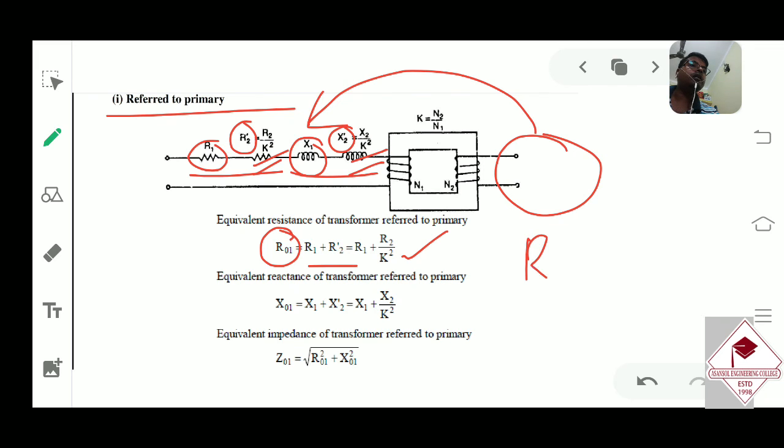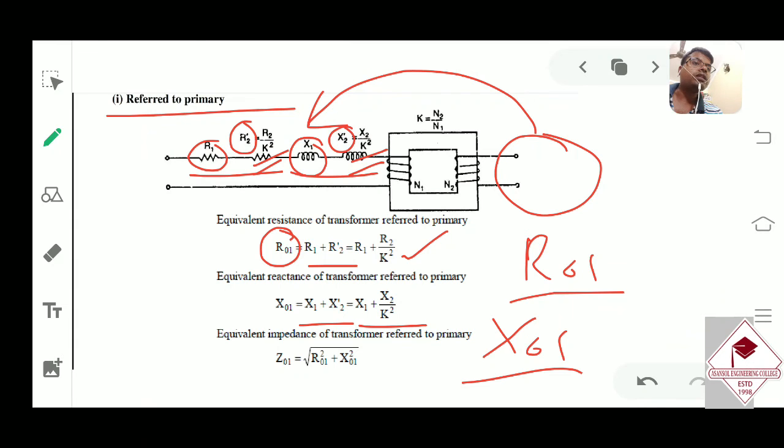Similarly for the reactance, X01 will be equal to X1 plus X2 dash, which is equal to X1 plus X2 by k square. Now if you combine this resistance and reactance, you get the impedance Z01 equal to the square root of R01 square plus X01 square. Hope you are understanding, right?